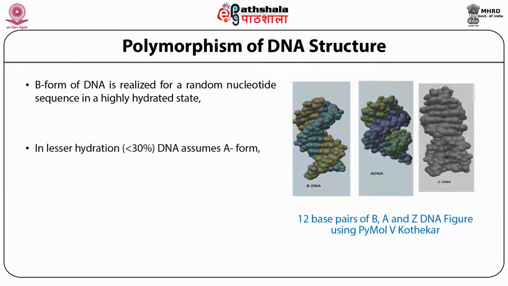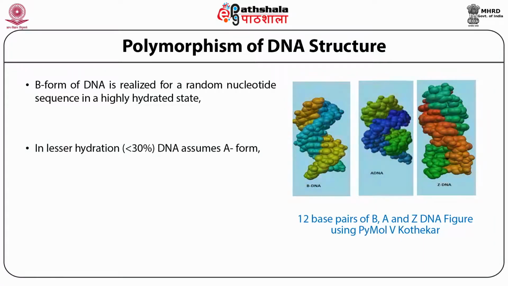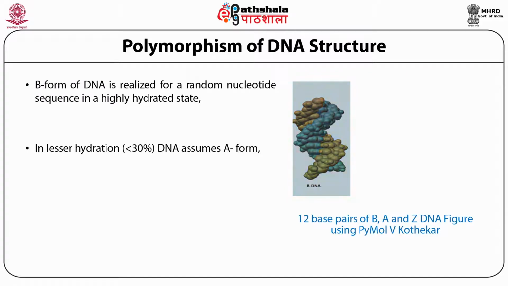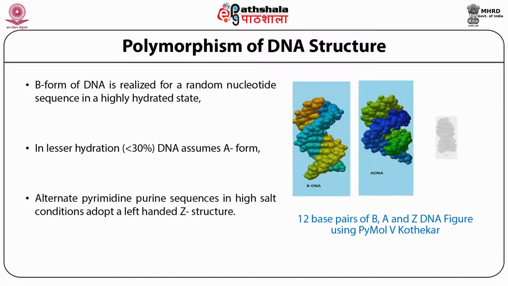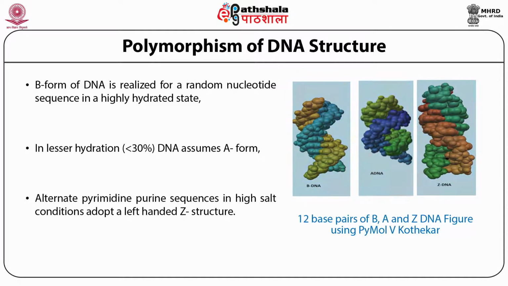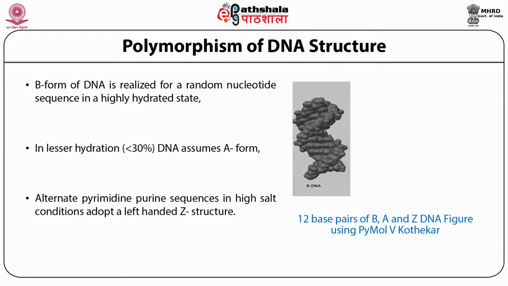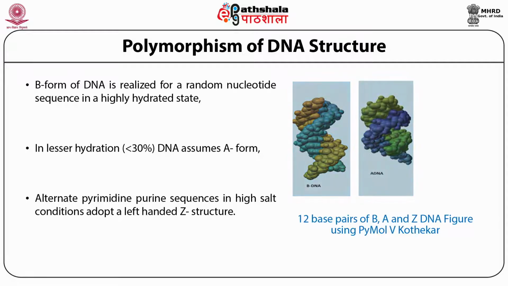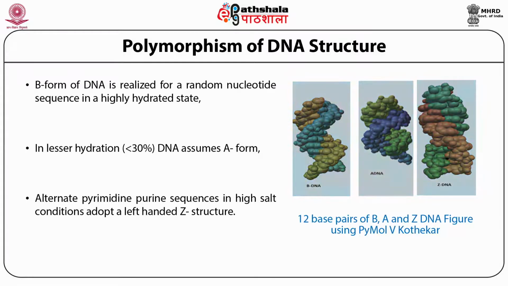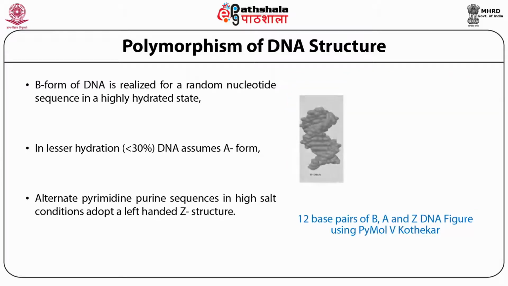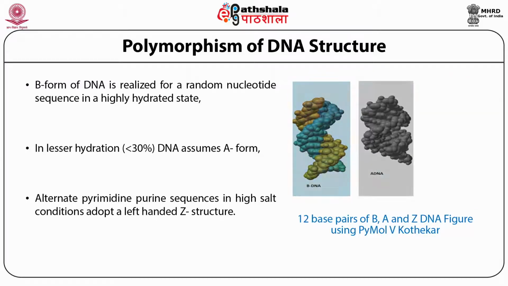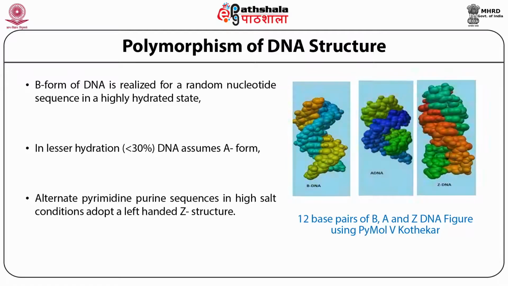In lesser hydration, say less than 30%, DNA assumes a form that is shown in the middle. Alternate pyrimidine-purine sequences in high salt conditions adopt a left-handed or a Z structure that is shown in the extreme right. As you can see, these have different heights, their grooves also have different shapes, the sizes of the grooves are different, and there are many other physical differences between the polymorphic forms of DNA.